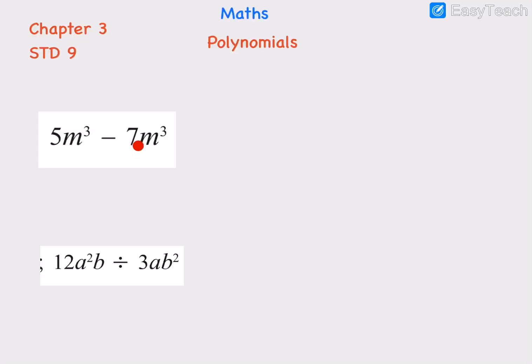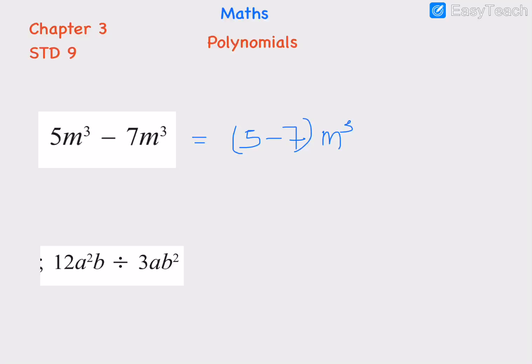The coefficients of the algebraic terms are added or subtracted while adding or subtracting like terms. So we will do it like this: 5 minus 7, into m cube.